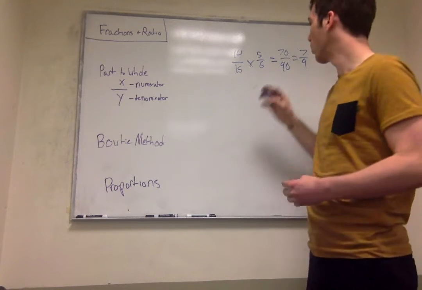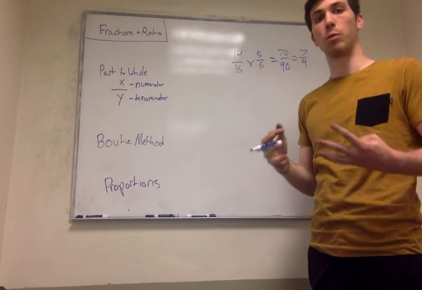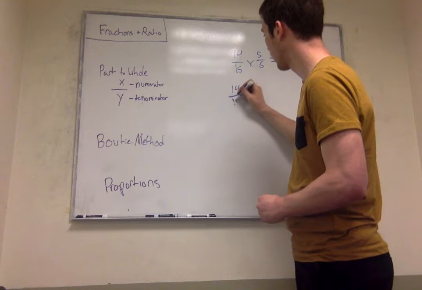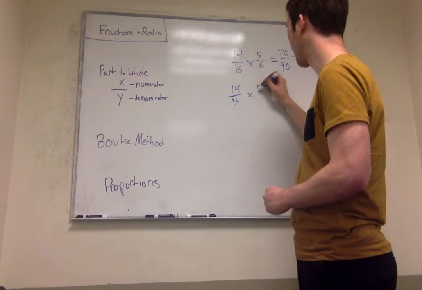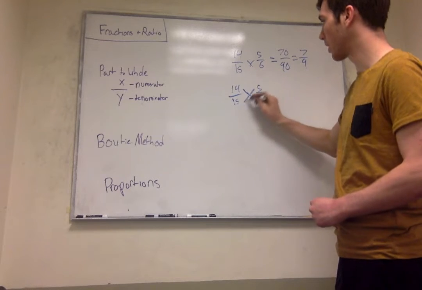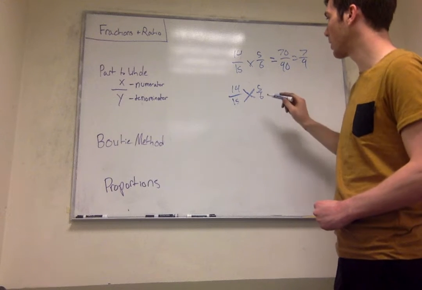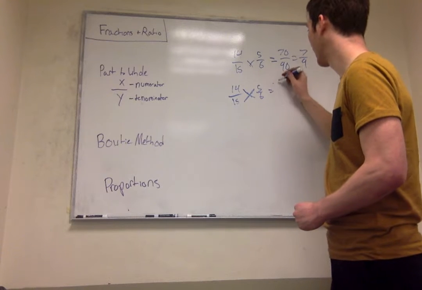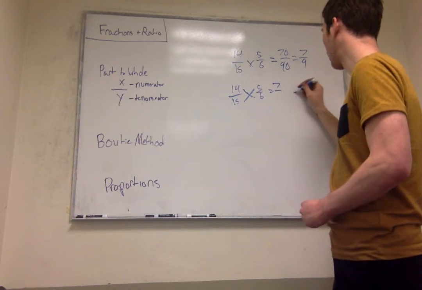Now let's say we don't like working with all these big numbers and we want to simplify them to begin with. So we'll start again with 14 over 15 multiplied by 5/6. And we're going to look for factors of our diagonals once again. So 14 and 6 both have a factor of 2, so we can simplify that to 7 and then 3.